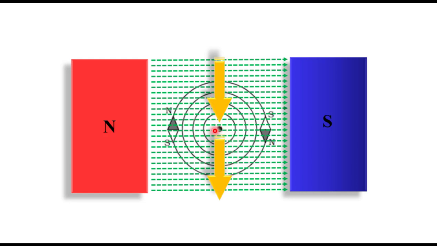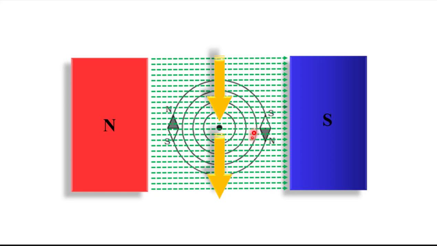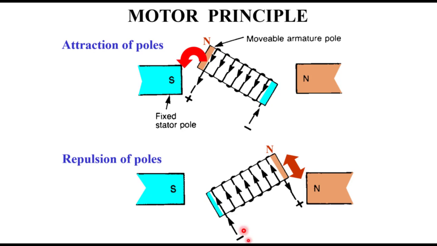So the tendency is for this conductor, when it's creating a magnetic field around it in the presence of another magnetic field, to want to move this direction. And anytime you put magnets in proximity of one another, you feel that force that's wanting to cause movement to occur.